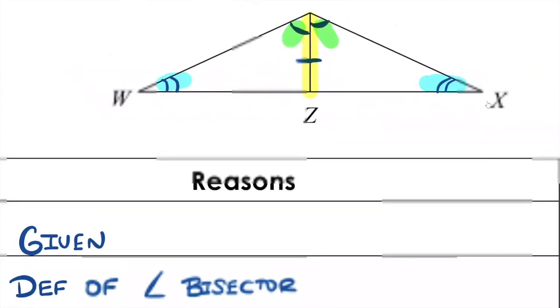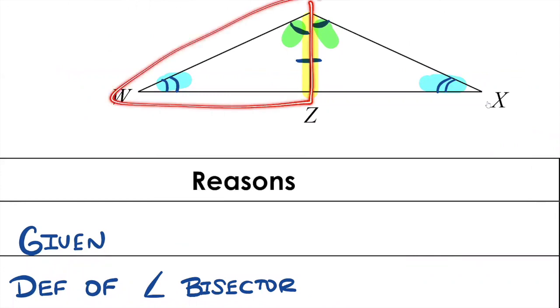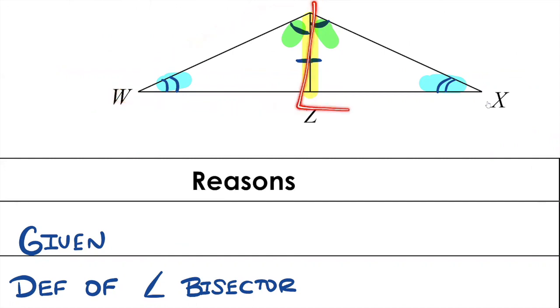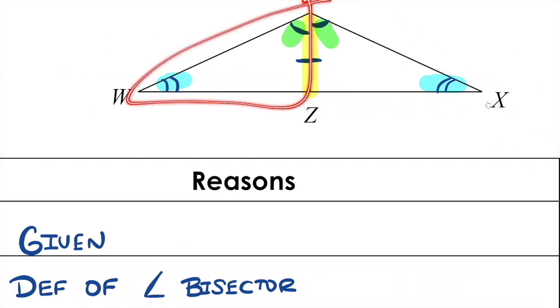When we look at them one at a time, is that yellow side between the congruent angles? No. And then I look at the other one the same way. Is that yellow side between the congruent angles? No. I'm being very specific about one at a time today.